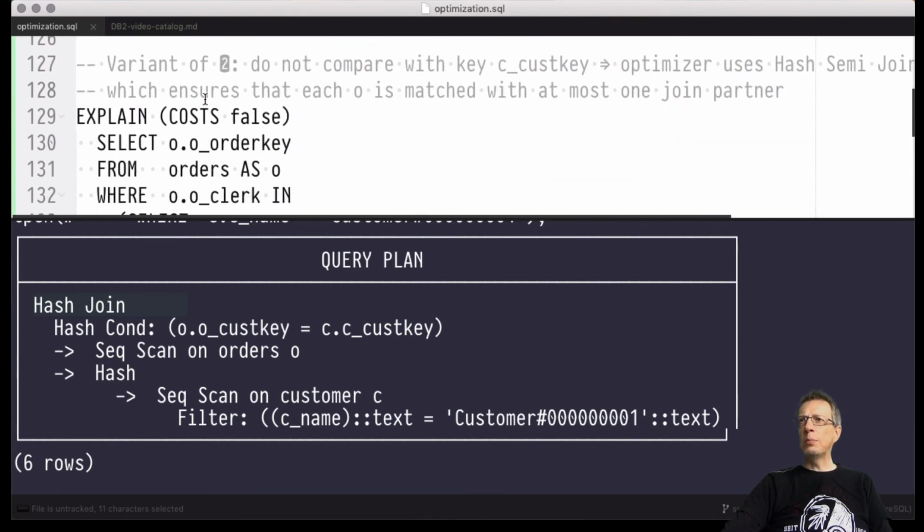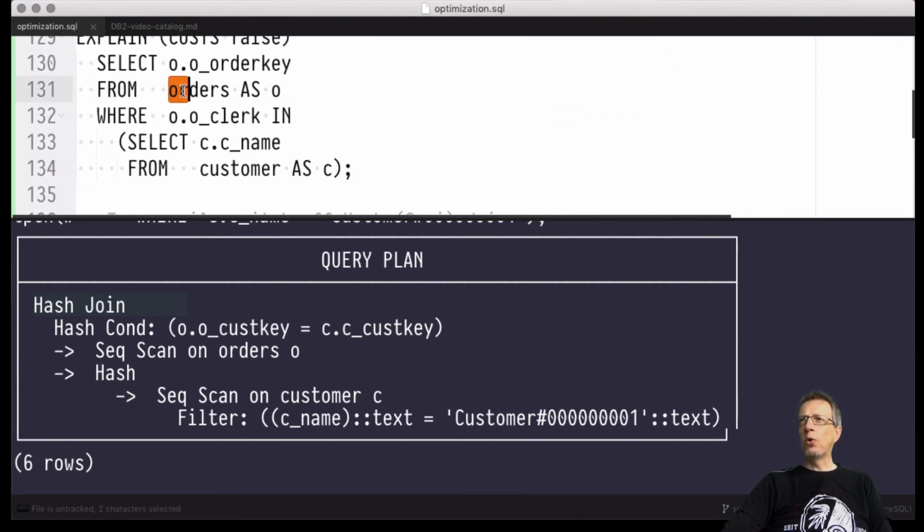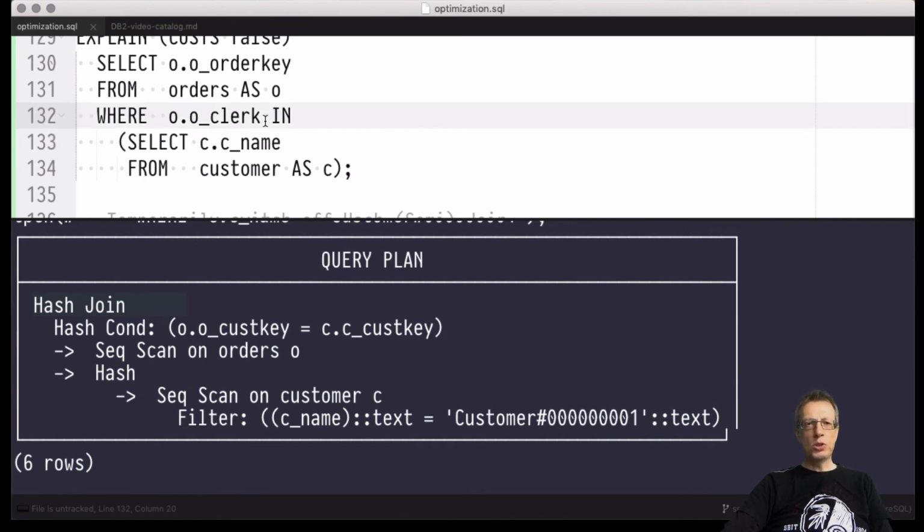It has the same nesting structure: orders on the outside, customer on the inside. We still have the where clause and the use of the IN keyword here. So the setup is the same, but as you can see now, inside the inner query I'm returning the c_name column, which is not the key in the customer table.